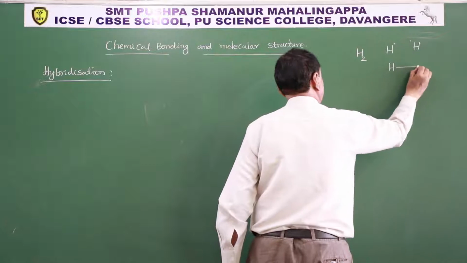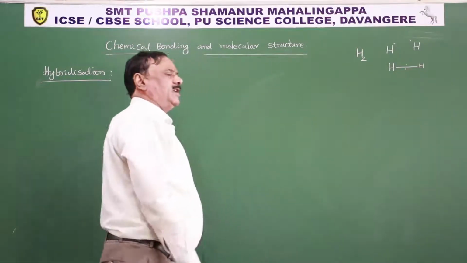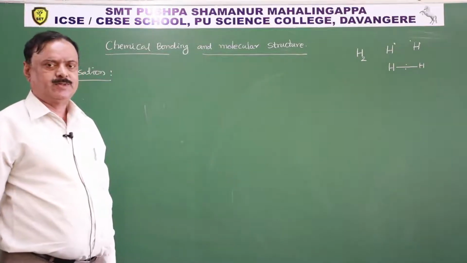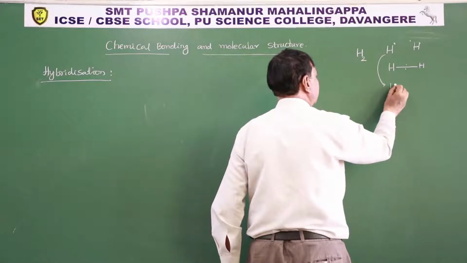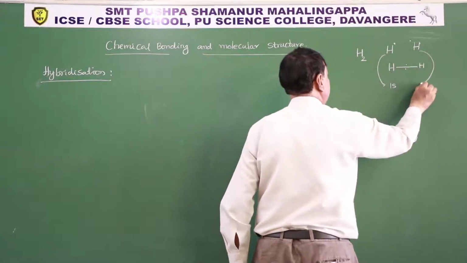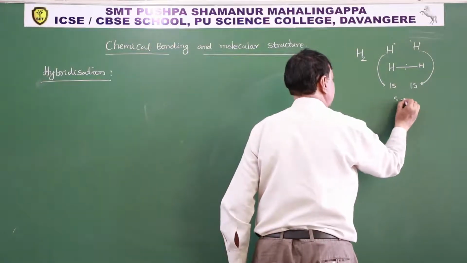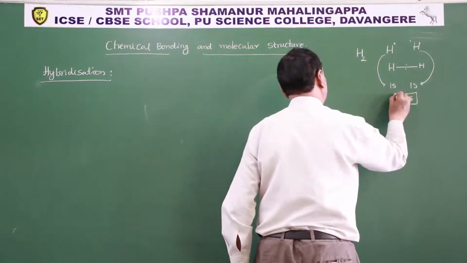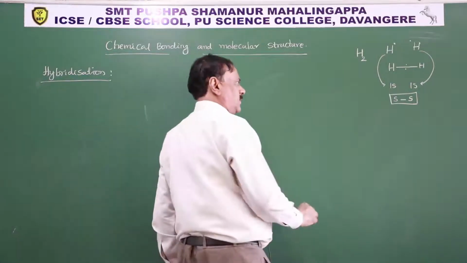Therefore, the hydrogen molecule is formed by the sharing of electrons between two hydrogen atoms. This electron is present in a 1s atomic orbital and that electron is also present in a 1s atomic orbital. Therefore, it is called S and S overlapping.